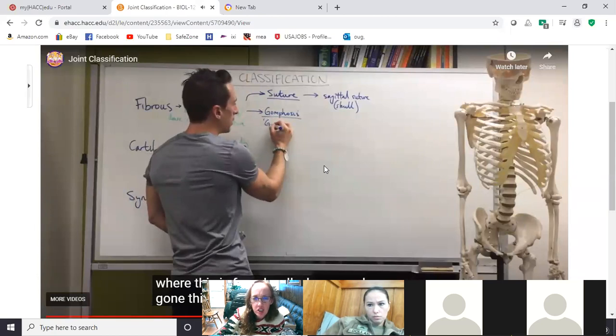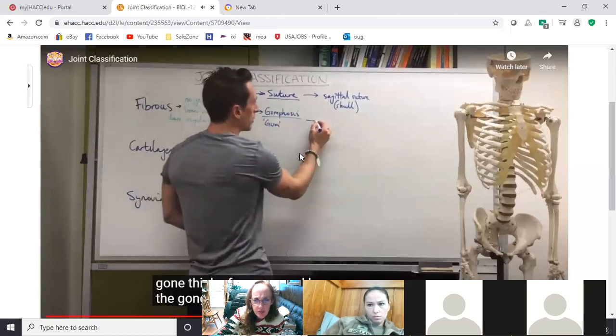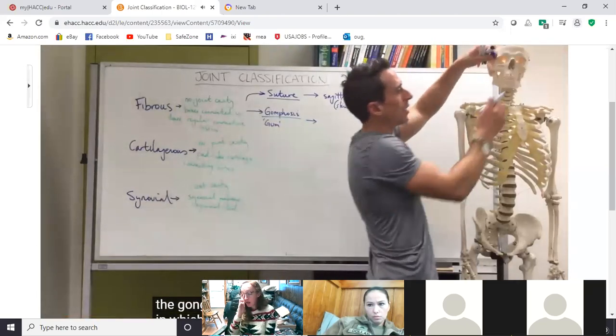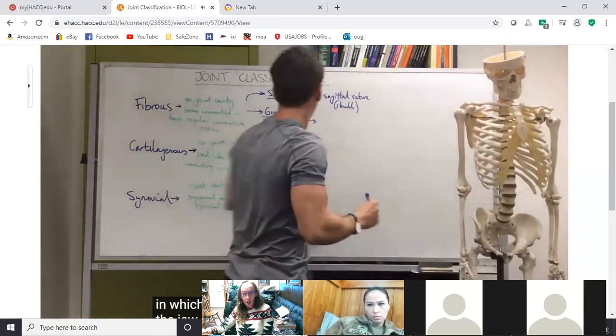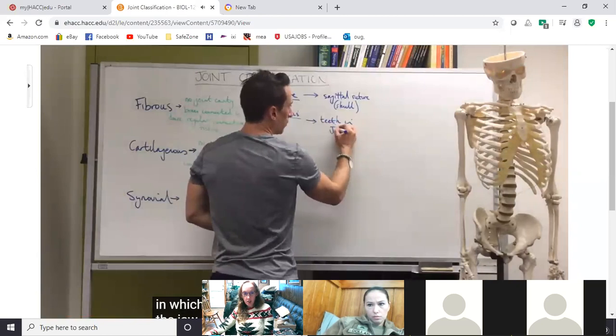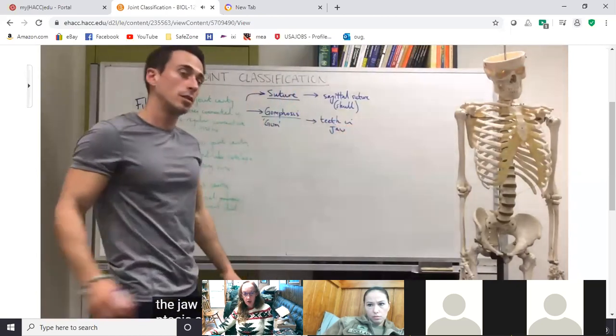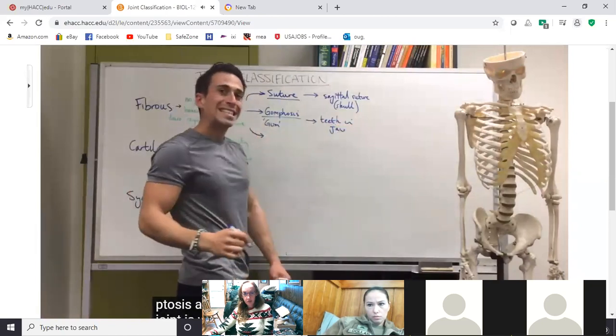These are the ones that hold in your teeth. G-U-M. Think of the gum. The gomphosis joint is simply the joint in which the teeth articulate in at the jaw. So, teeth in jaw. That's a gomphosis.